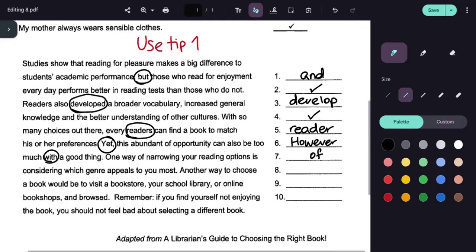For this one, the answer is "another way to choosing a book." Because it means you are taking a gerund from here. You all know what a gerund is? A gerund is like choosing something.